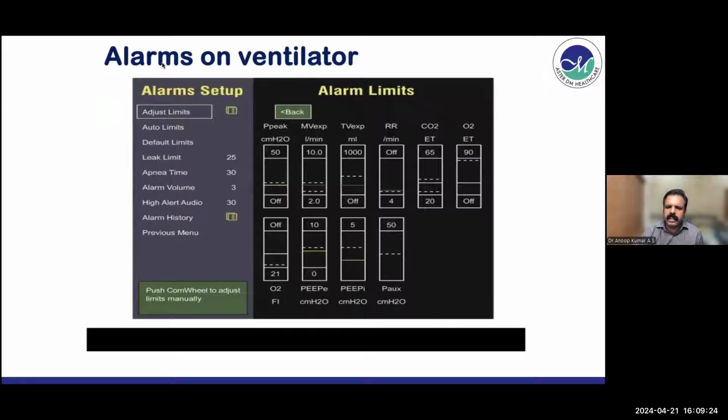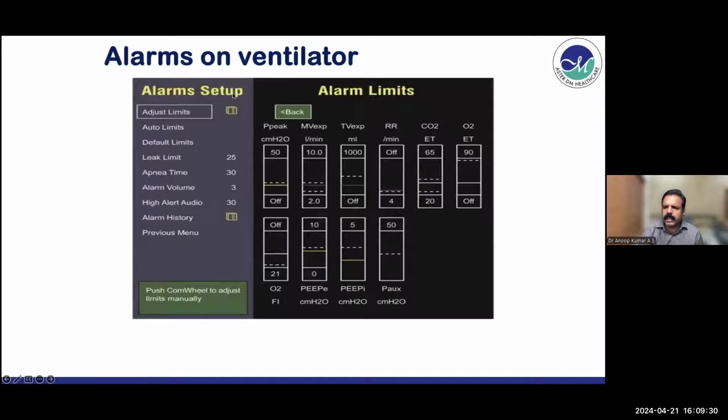In the alarm setting, as you are aware, different ventilators have different types of alarm settings. But when you go to the alarm setup option, you will have different alarm limits: usually P peak, minute volume, tidal volume, respiratory rate.